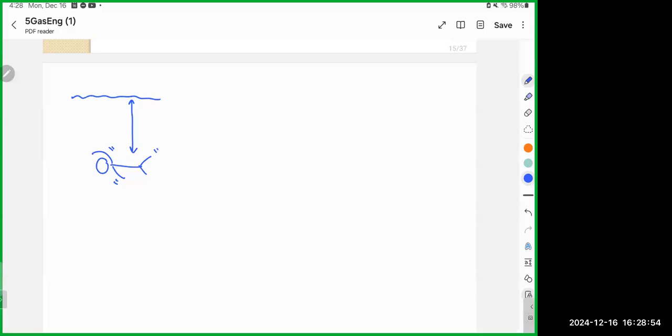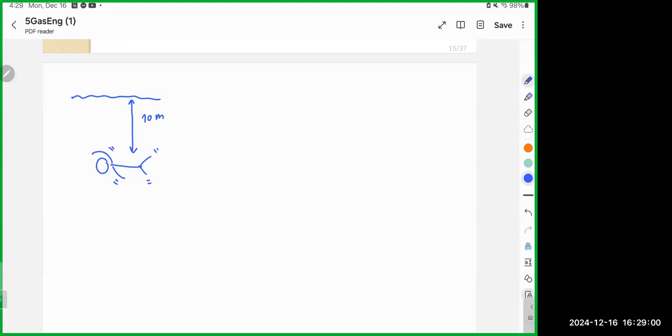For example, if you guys love to dive, right here, shoop, you dive underwater. For example, 10 meters.